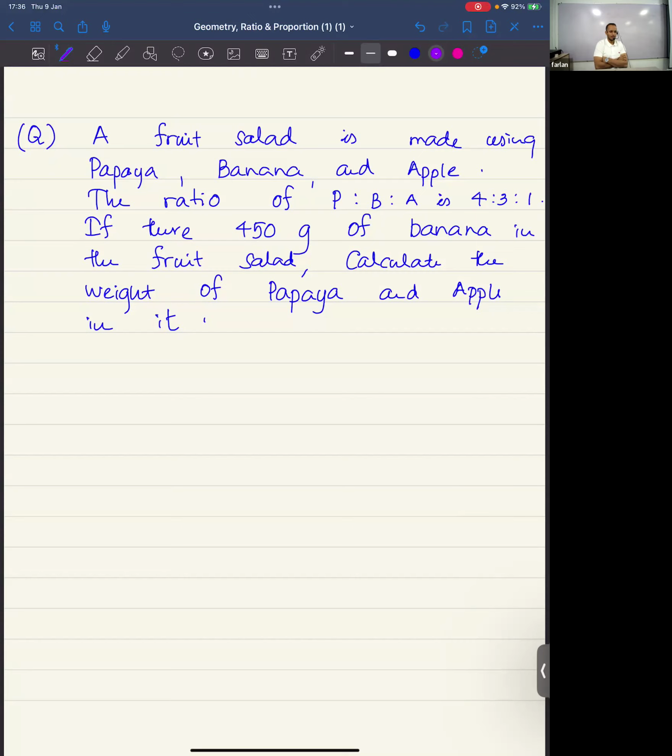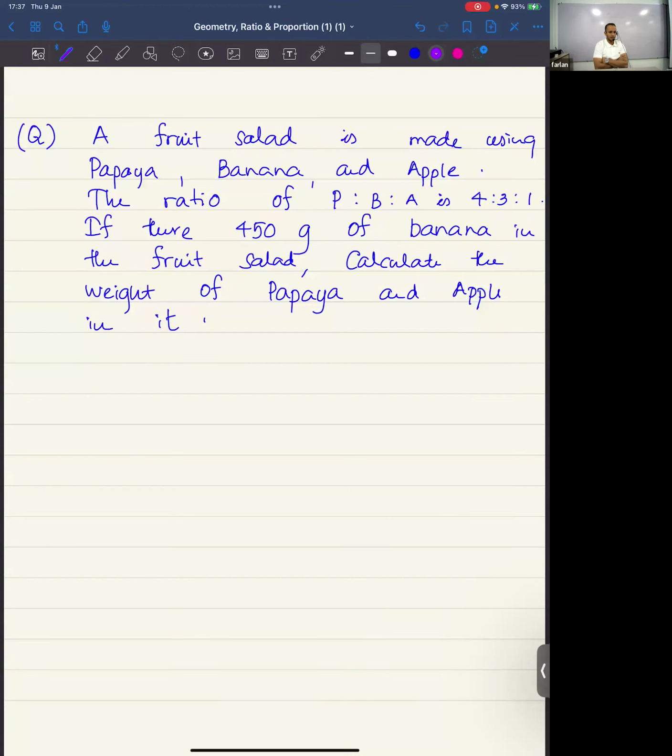Full stop. The ratio of P is to B is to A is 4 is to 3 is to 1. Full stop.